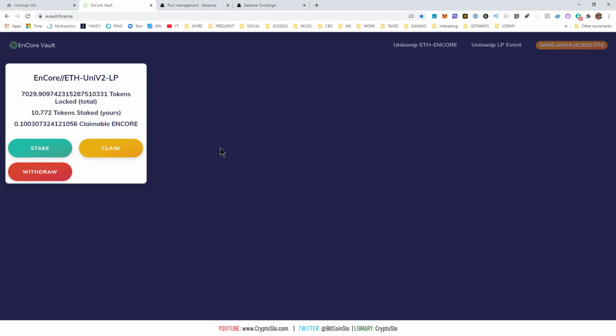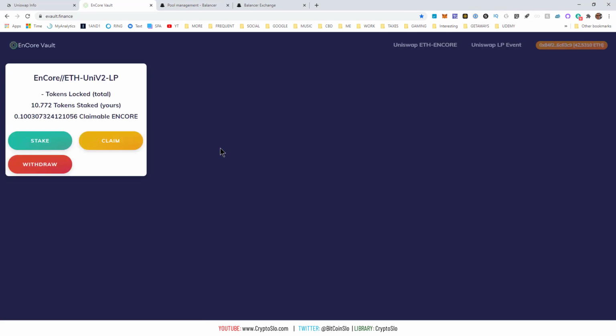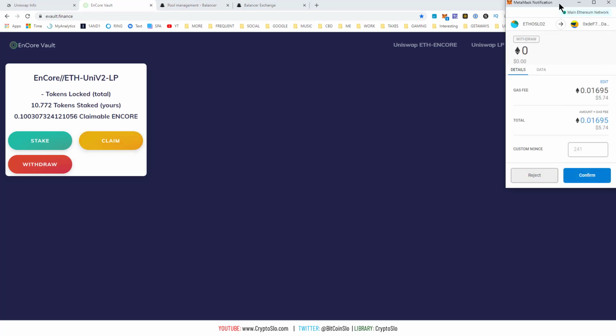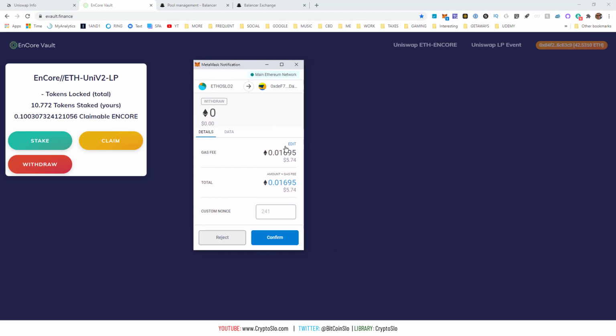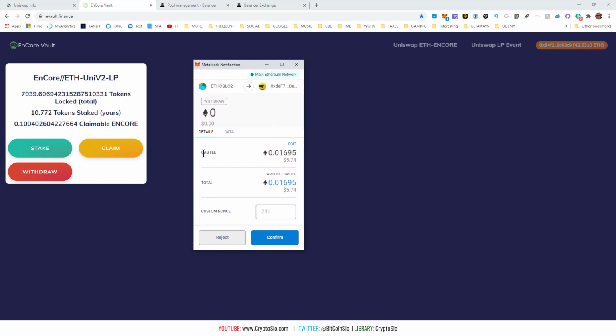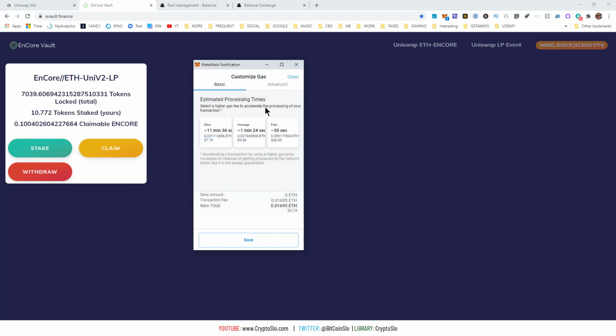Okay, now that you've done that, you're going to go ahead and hit Control F5. That is going to force a refresh on the page, and then you're able to claim your tokens. So go ahead and hit claim. This is going to pop up. Now, be careful here. If this gas fee is some stupid, ridiculous number, just make sure you hit edit and make sure it's a reasonable amount.